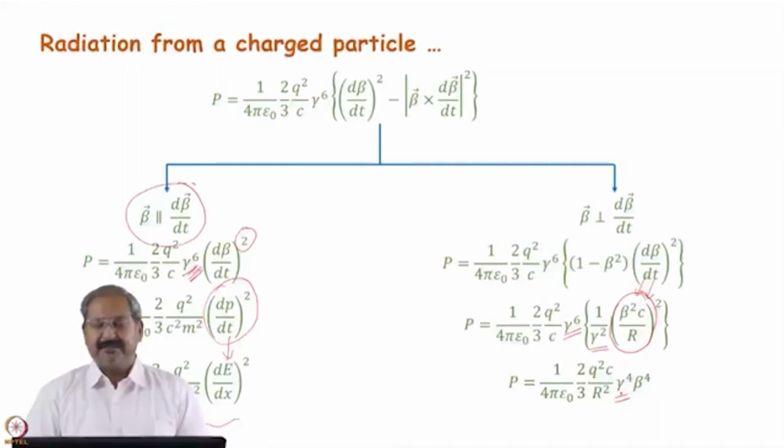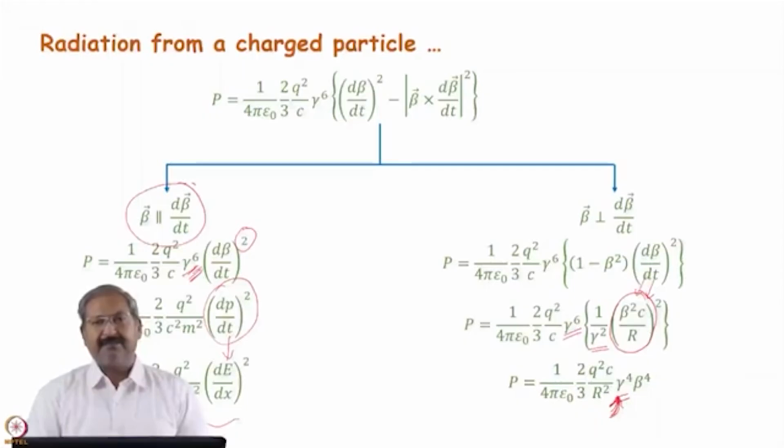It depends strongly on how the power is radiated when acceleration is in the perpendicular direction to the velocity. Means a very high energy particle, because of this high gamma, can radiate significantly.